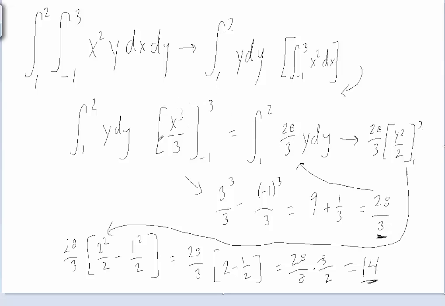The value of the integral is put back in for the outer integral, and then a little algebra to finish off. Let's try one last one.